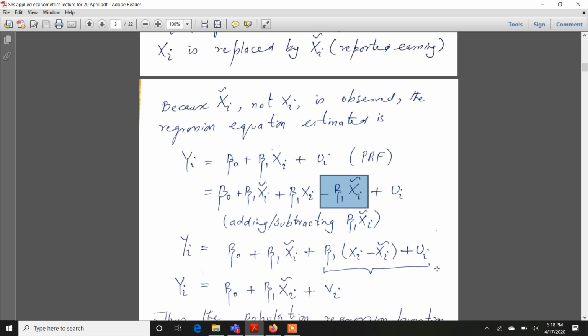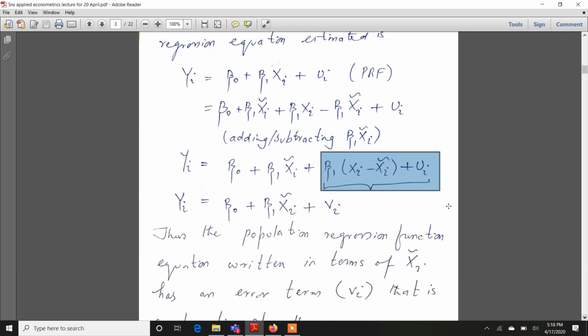And simply by rearranging a little bit, that is, I write this part as it is here, and then I take beta 1 common, and so xi minus xi tilde plus ui. Okay, so this particular part is read as another type of error, vi. And why am I calling this entire thing an error?